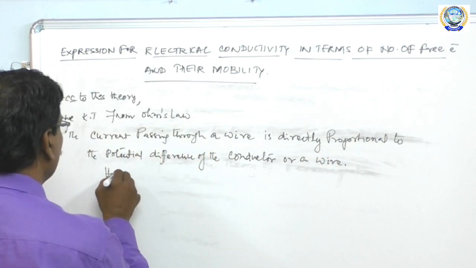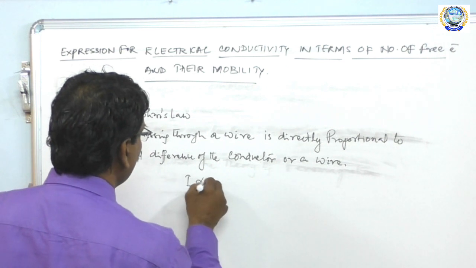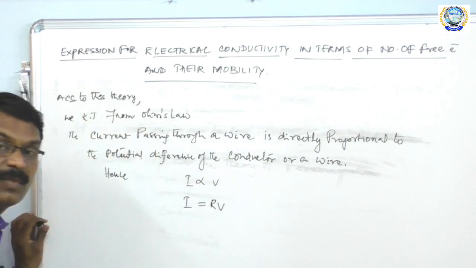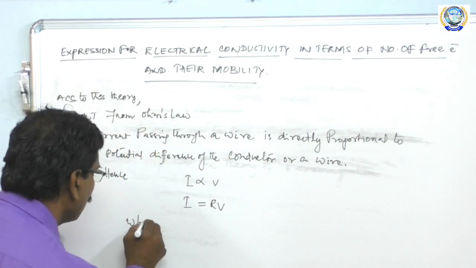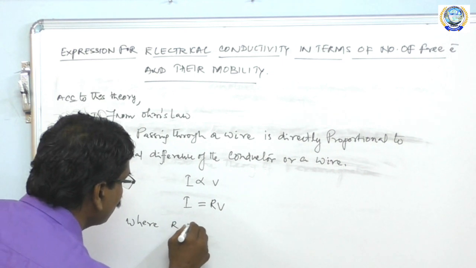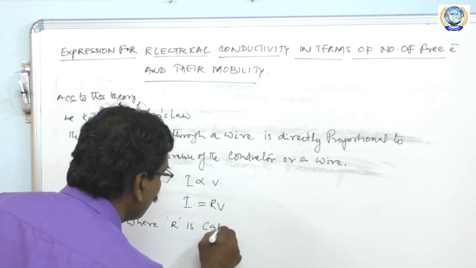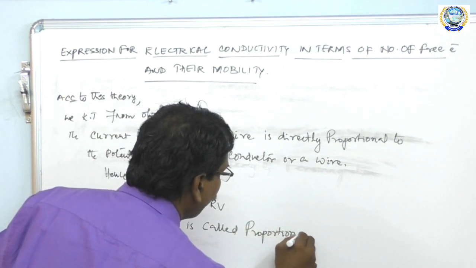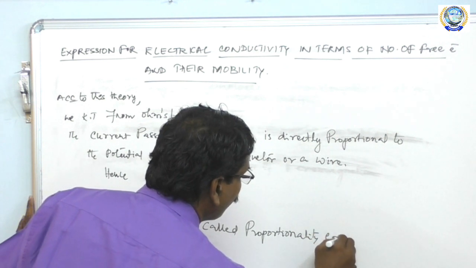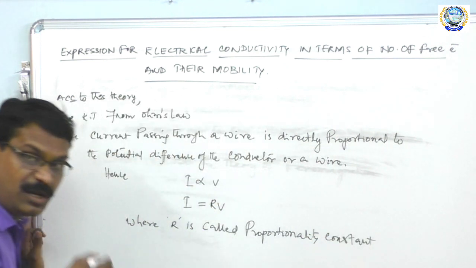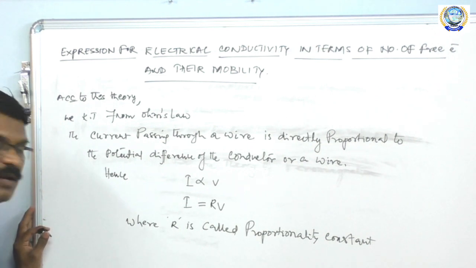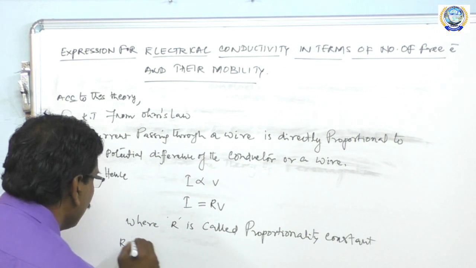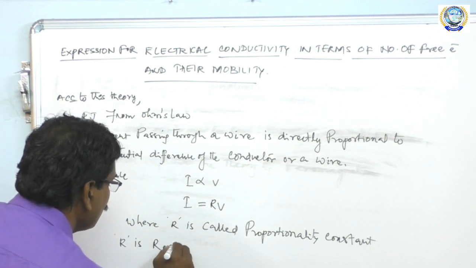Hence, I is directly proportional to V, I is equal to V by R, where R is called the proportionality constant, and we can give a specific name for this constant of proportionality: R is the resistance of the wire.